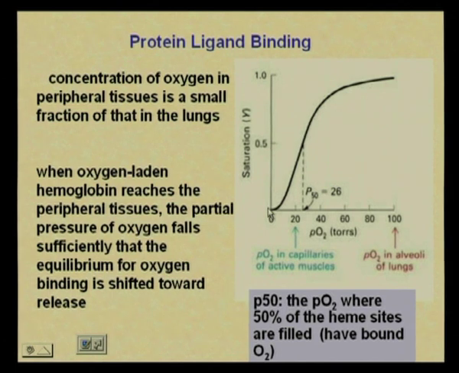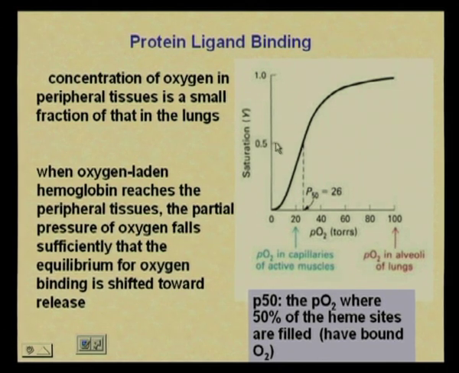In the tissues, okay. So, we will not even have 50% saturation then, but as we increase the amount of oxygen, this is measured in terms of the partial pressure of oxygen. As you increase the partial pressure of oxygen, when you reach the lungs, you will have 100% saturation.